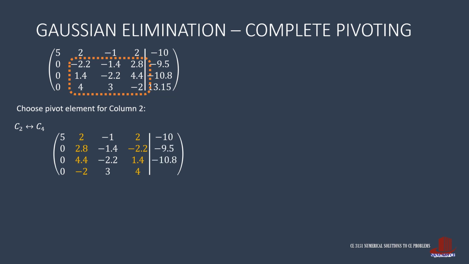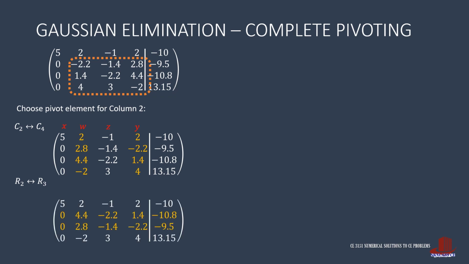And take note that by doing so, the variables y and w are also rearranged. Next is to bring 4.4 up to row 2, and that is through swapping rows 2 and 3. And since this is a row operation, the variables order stays the same as x, w, z, and y.